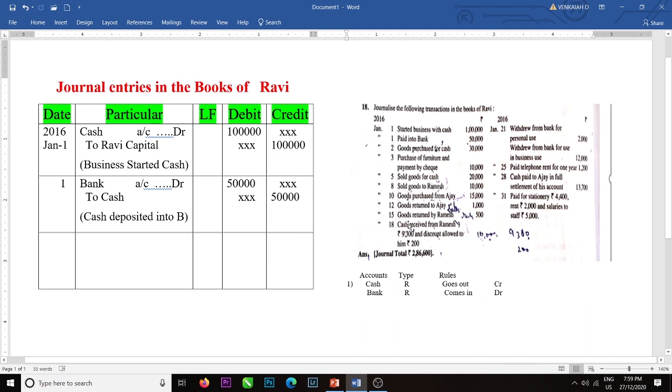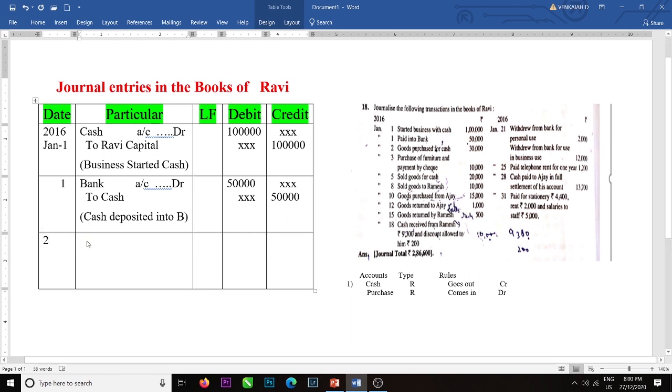Next transaction, goods purchased for cash. So one is cash, another one is goods. We are treating it as purchases, goods purchased. Both are real type. When I purchased goods, goods are coming in, and I paid for the goods, cash is going out. Cash is credit. Date is second.